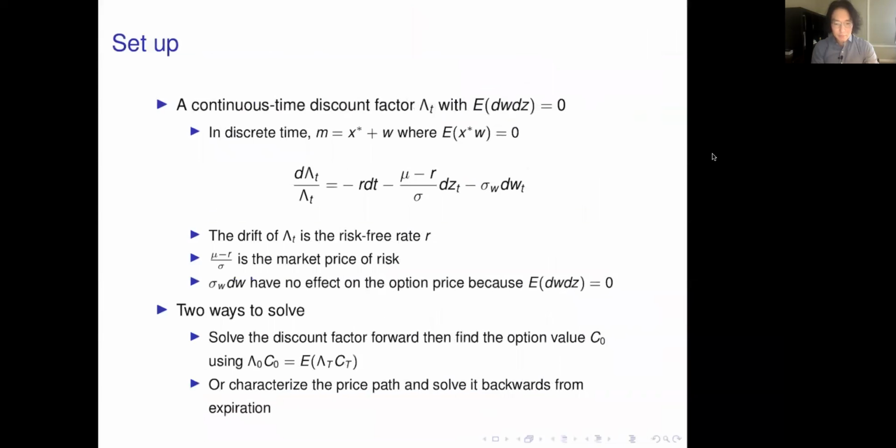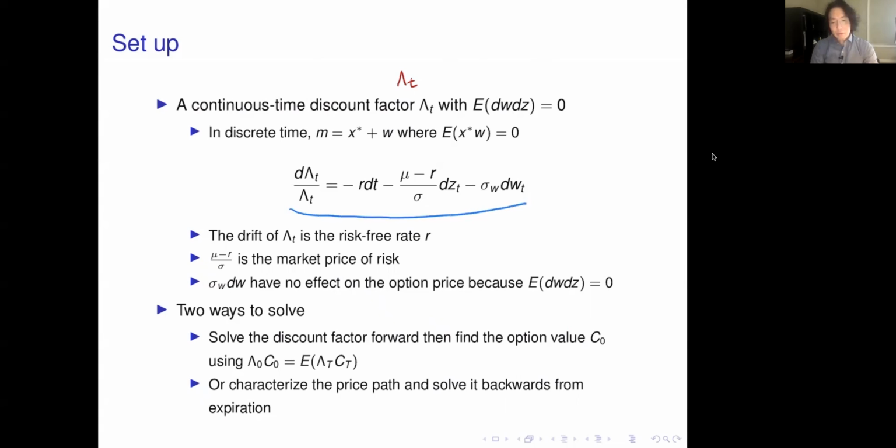Now, given this setup, we will define the discount factor, or the stochastic discount factor. And as before, we will use lambda t as the stochastic discount factor. And it has the following functional form.